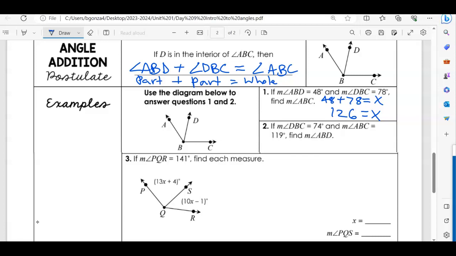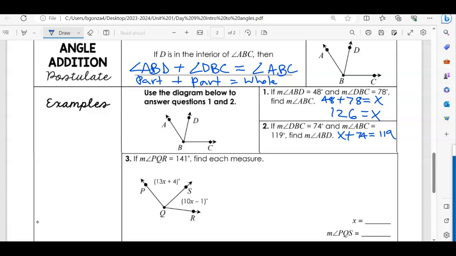So let's think about it as part plus part is whole. The left part, ABD, that's missing, so I'll call it X, plus the right part, DBC, which I know is 74, equals the whole thing, ABC, which is 119.